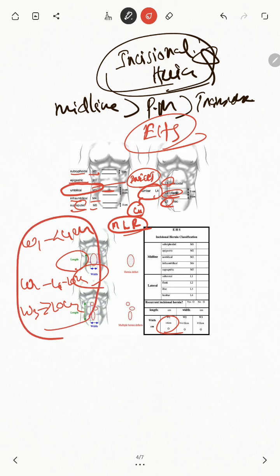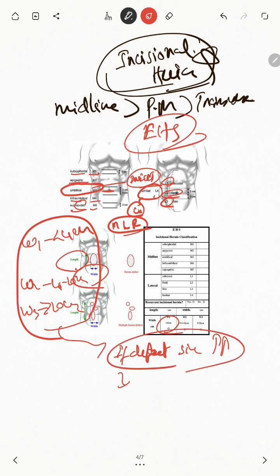Why is it important? Because it plays a very important role. If the defect size or width increases, then there is an entity called loss of domain.